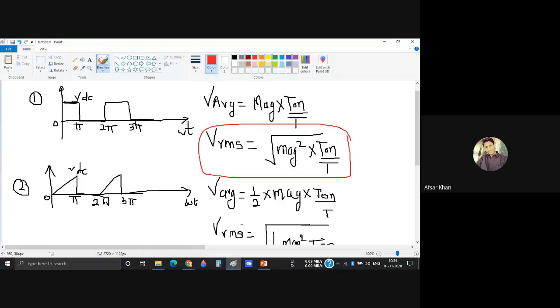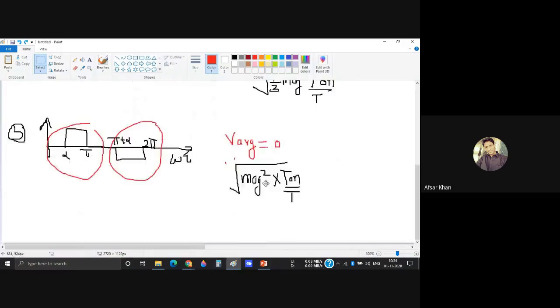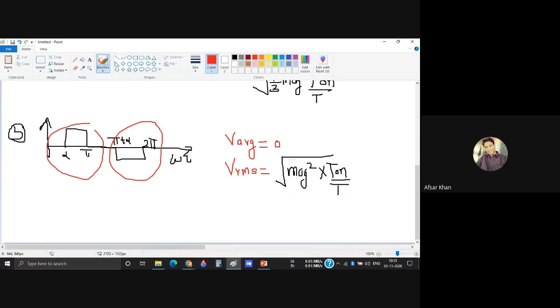Okay, students? So VRMS here, what we have to do? Just multiply it by 2. So it is your Cauchy square wave.